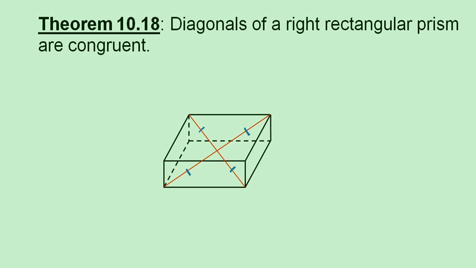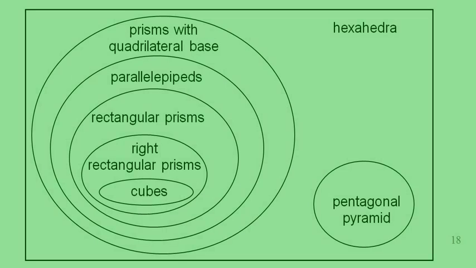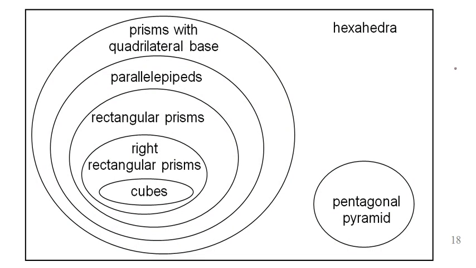Alright, this kind of shows how the hexahedra are related. Remember that hexahedra are polyhedra with only 6 faces. So look over here. We start with any prism with a quadrilateral base. The quadrilateral can be just some funky four-sided figure.